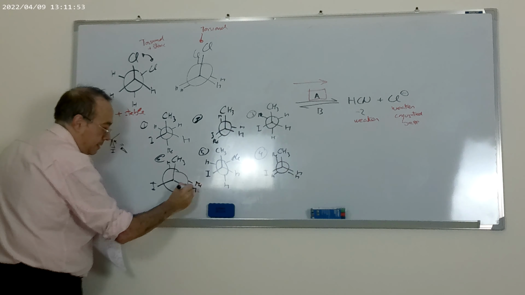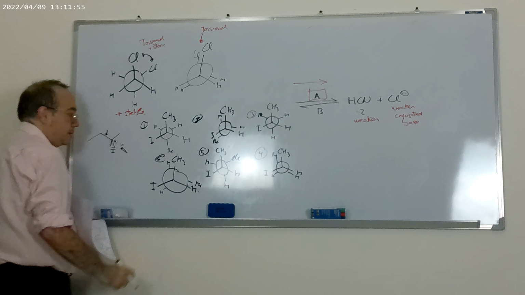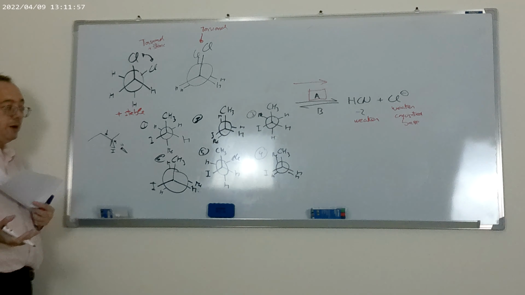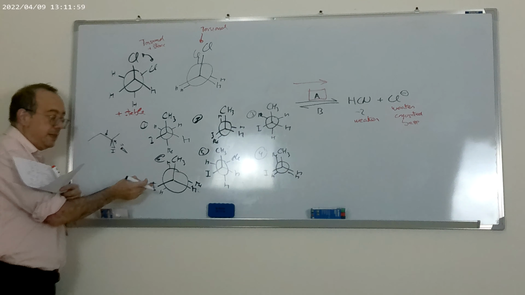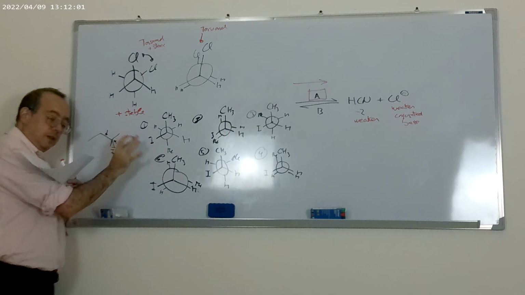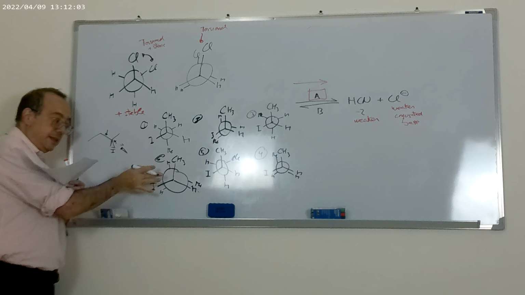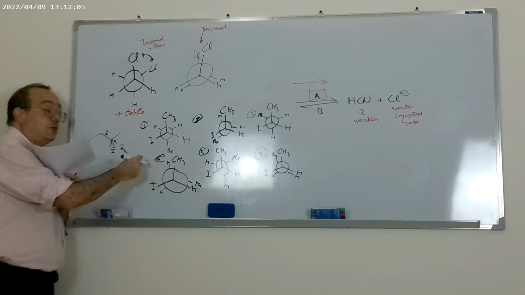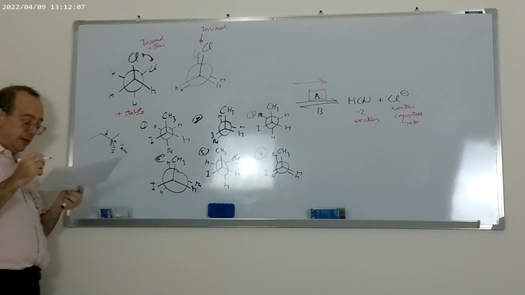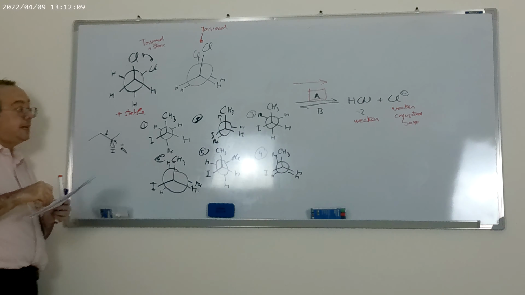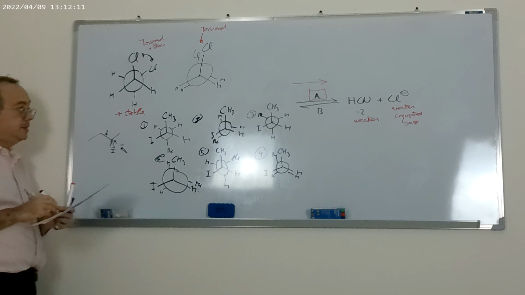Hydrogen, methyl. Okay? How I did it, remember. The only thing that I did is I keep the first atom intact. I didn't move it, and then I rotate the second carbon. Okay, and I get the 6 conformations.